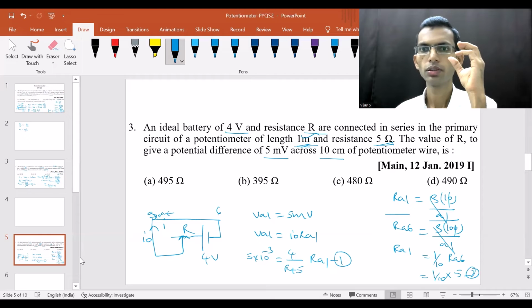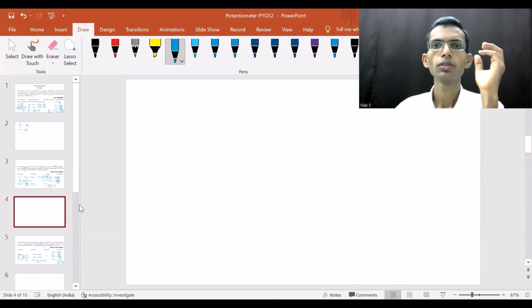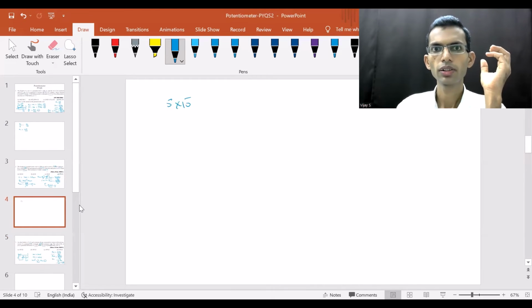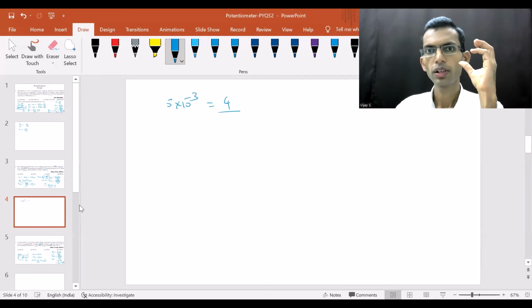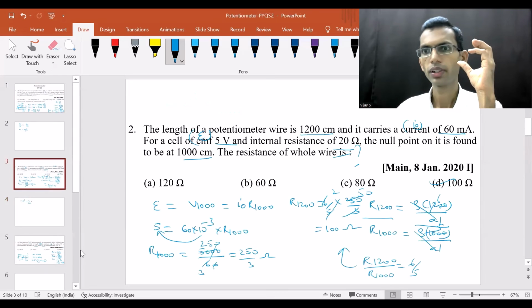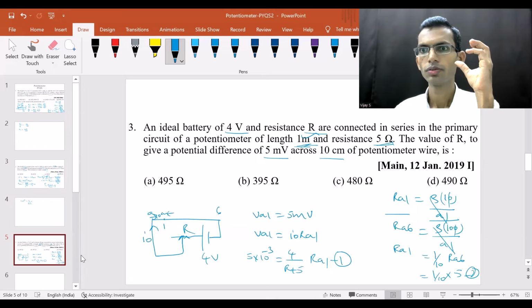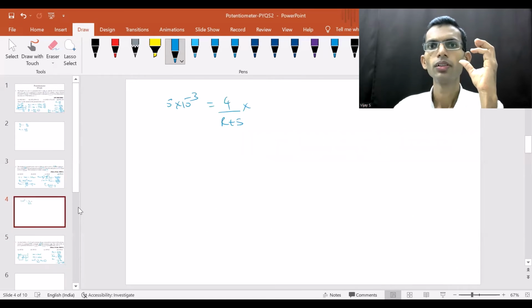Let us substitute this into equation 1. So what are we going to get? 5 into 10 power minus 3 is equal to 4 by R plus 5. Sorry, we went 5 by 10. No problem.